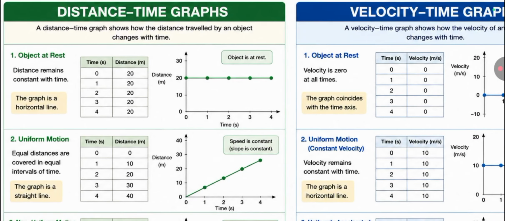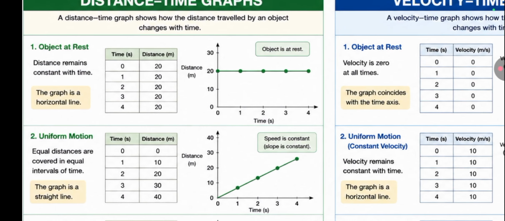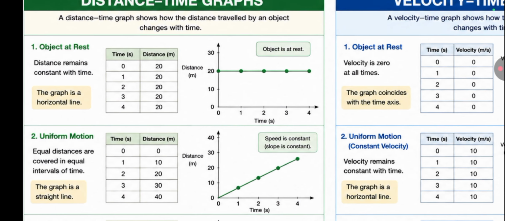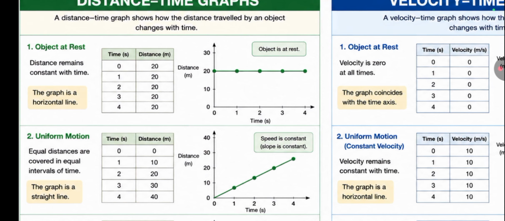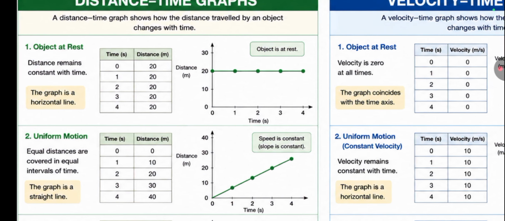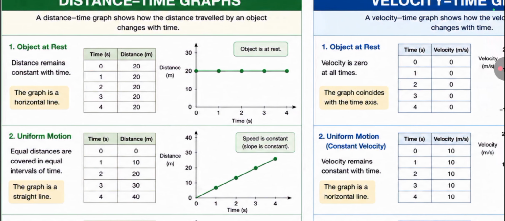In the first situation, the object is at rest. It is not moved, so distance remains constant with time. This graph is a horizontal line. Now we discuss the table.